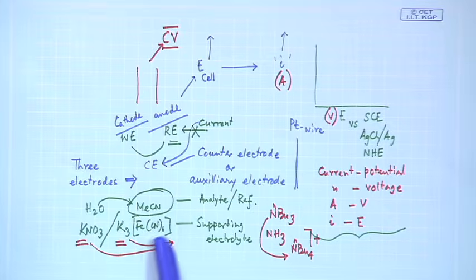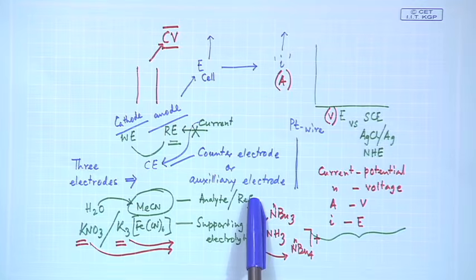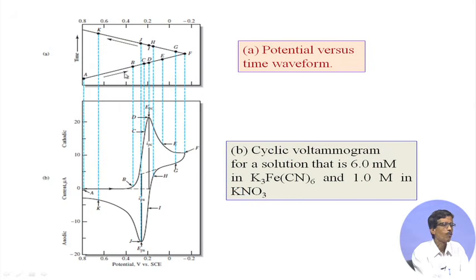So you will get the corresponding tetrabutylammonium salt of ferricyanide and the tetrabutylammonium salt of nitrate, which can be very easily useful as your analyte or reference material, or your supporting electrolyte, for your cyclic voltammetric measurements.